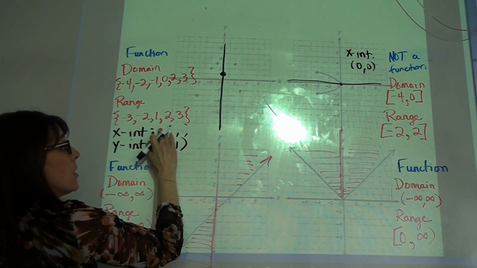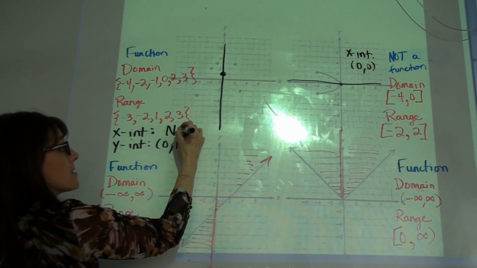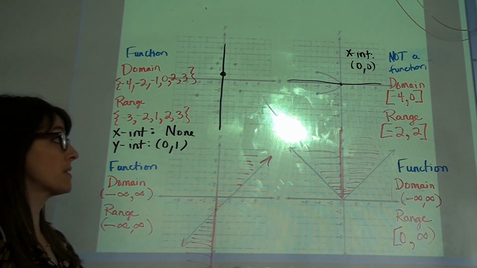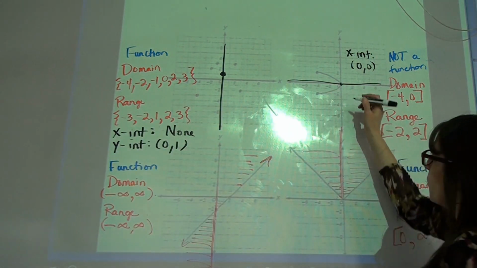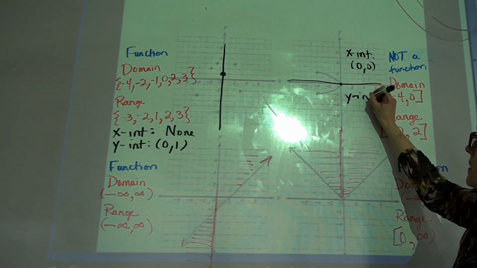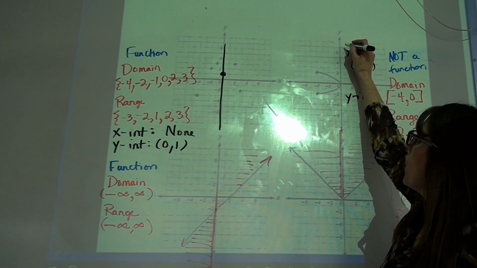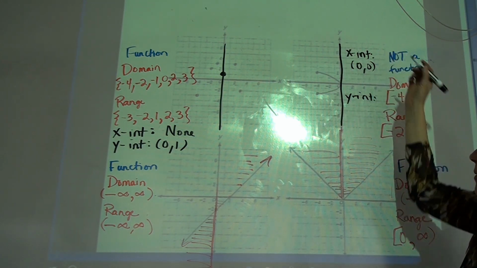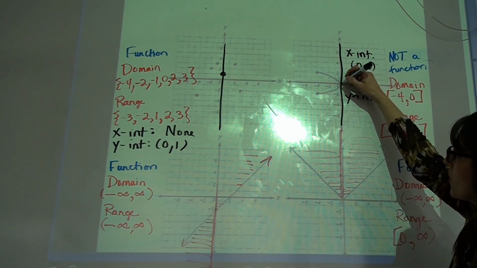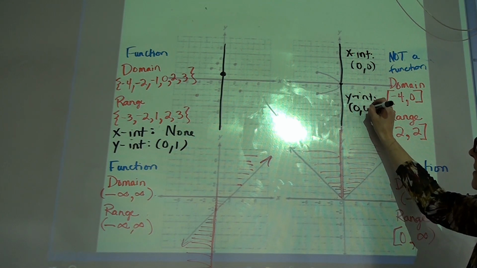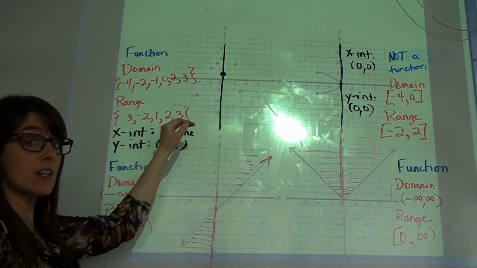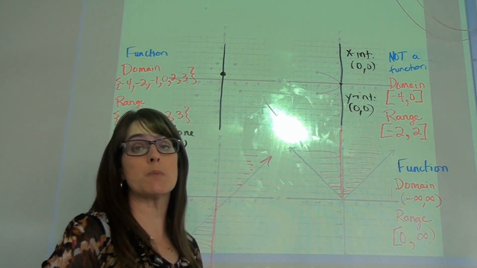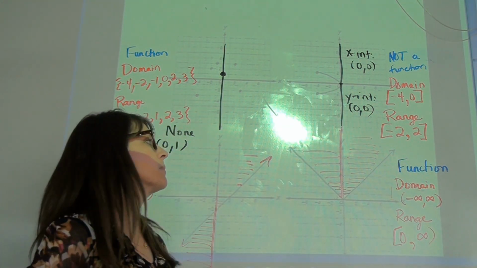On the previous one, you can see, no, nothing's crossing that x-axis at all. So don't list 0, 0, because that indicates that point. This one did happen. Now, the y-intercept, here's my y-axis. Where is this crossing that y-axis? Right here, at the same point. Not only is it okay to not have an intercept, it's okay for your x and y intercepts to be the same thing. Not a problem at all.